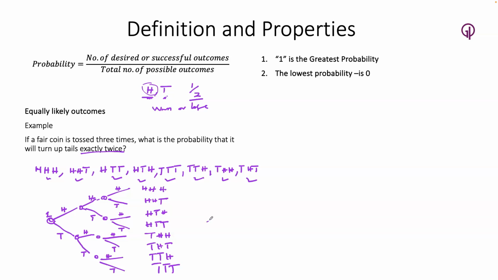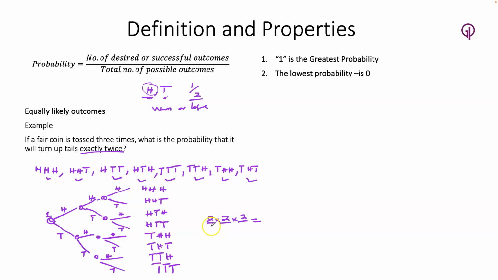Here you have 3 tosses of a coin, 1, 2, 3, and you realize that for each toss you have 2 possible outcomes, which is head or tail. So here is 2, here is 2, and here is 2. For each of the 3 tosses of the coin, you have 2 possible outcomes.